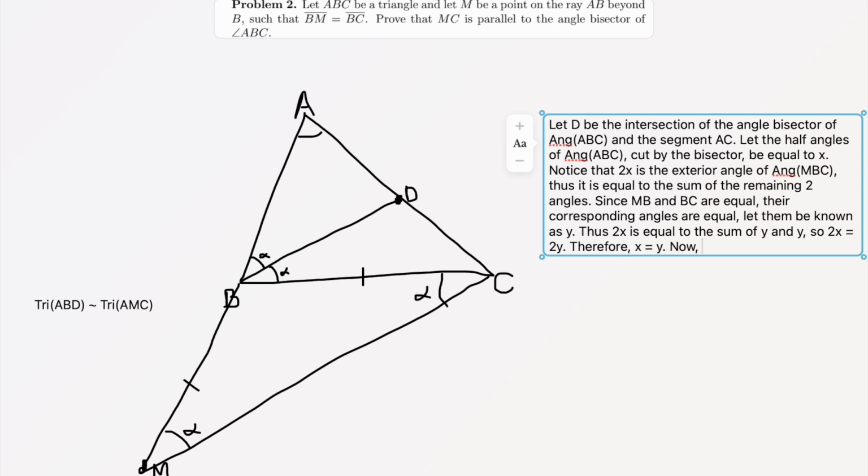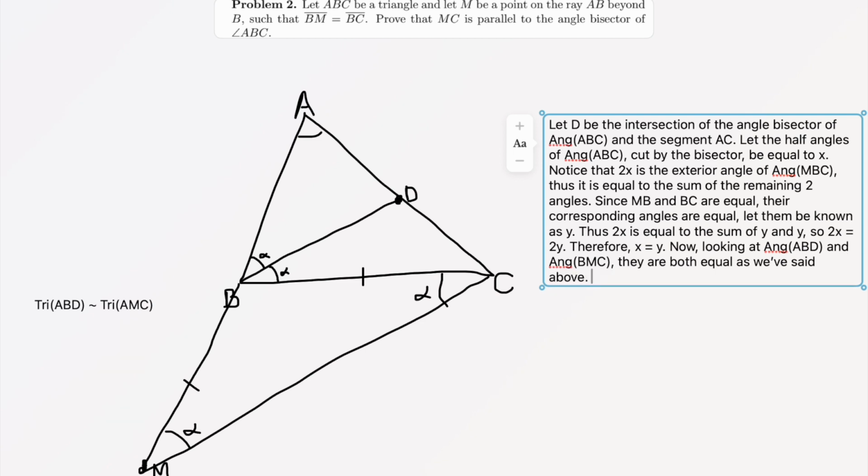Now, looking, oh wait, not capital. So now we want to look at these two, the corresponding angles: angle ABD, and angle BMC. They are both equal, as we've said above.